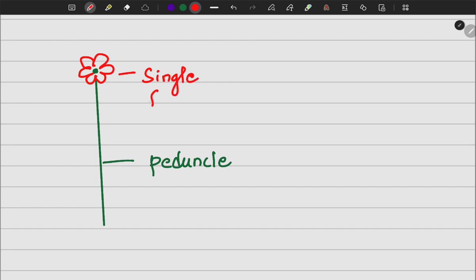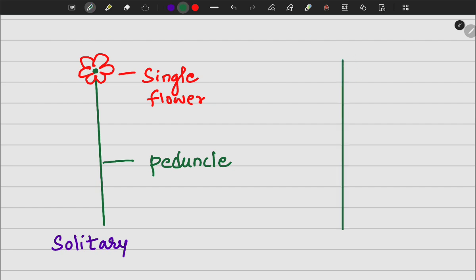Only one flower. So this type of presence of only one flower on the main stem or floral axis is called solitary inflorescence.